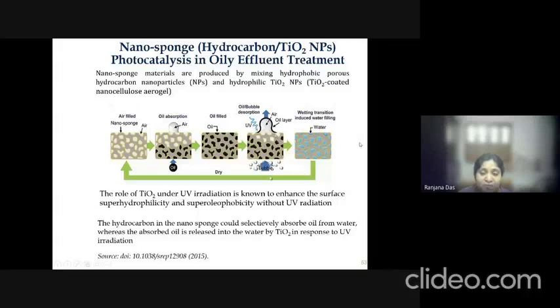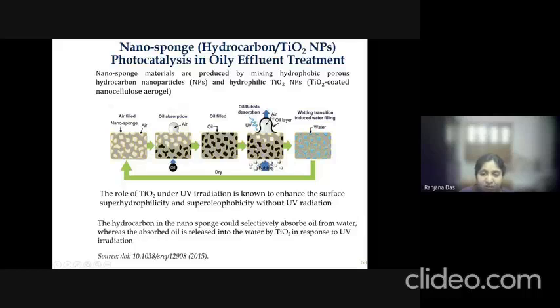If you allow some air to pass through the sponge, it will try to remove the oil phase, because the super hydrophilic TiO2 and the oil phase have a repelling action. They will repel each other. So if you now allow the air to pass, water will stay inside the sponge, but oil will be separated in the presence of UV exposure.